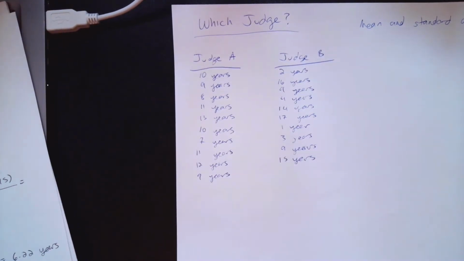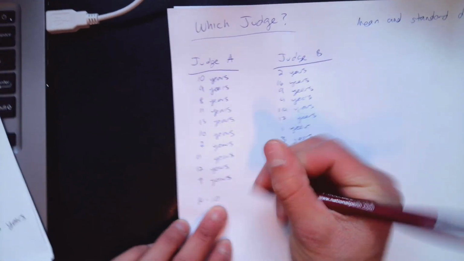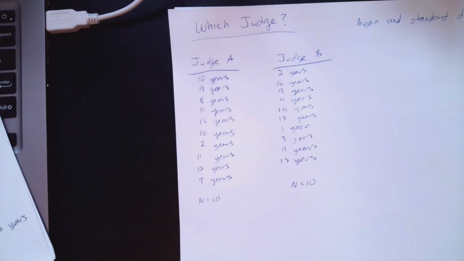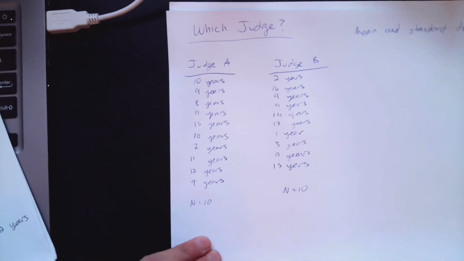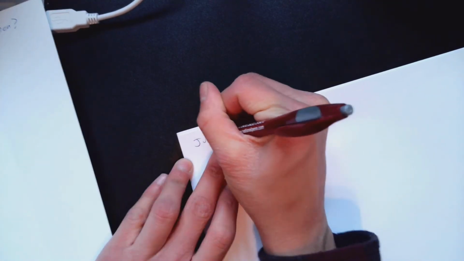And here we have n equals 10 and n equals 10. So I'm actually going to flip over another page just so that there's a little bit more room. And we'll start calculating.